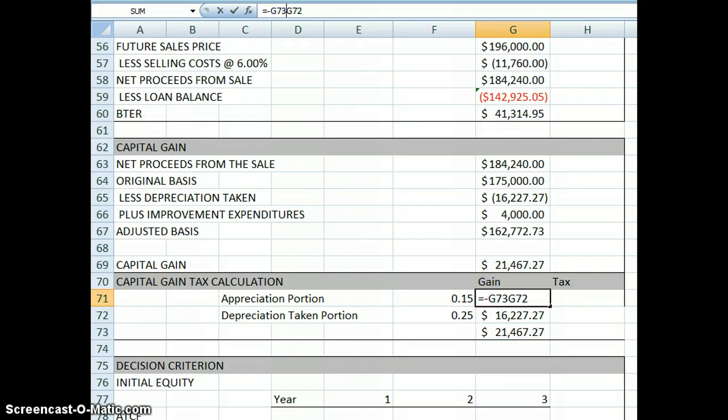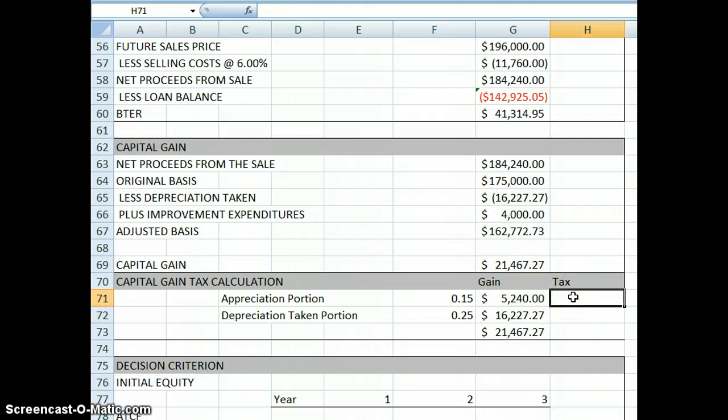It's going to have to be a plus. Well, we'll do that another way because I changed that number. So that number is just our capital gain, well, we'll just say plus our depreciation.